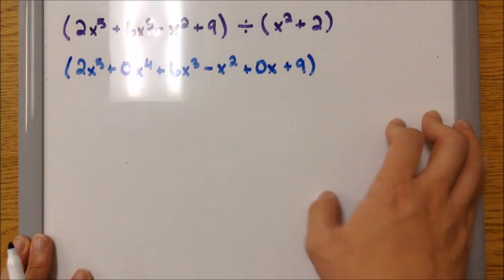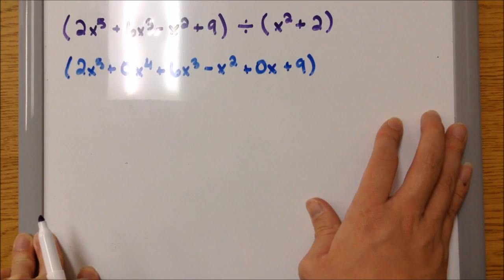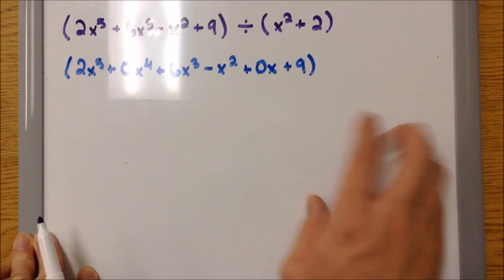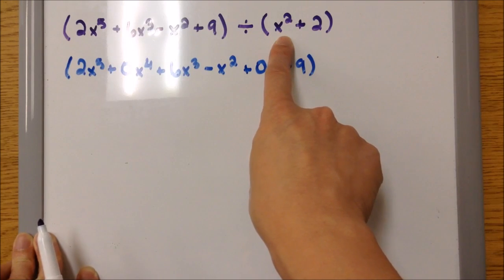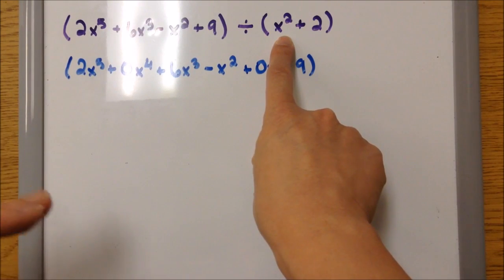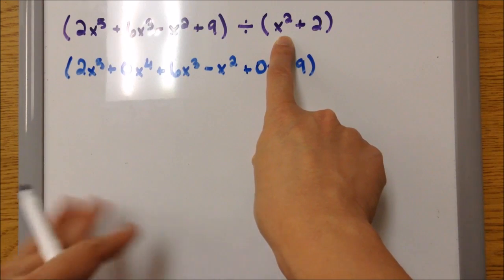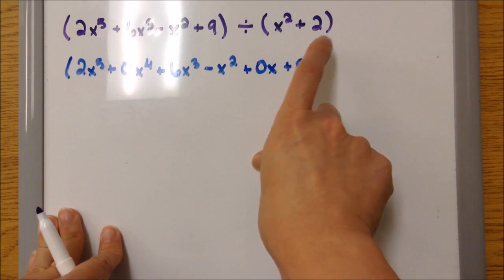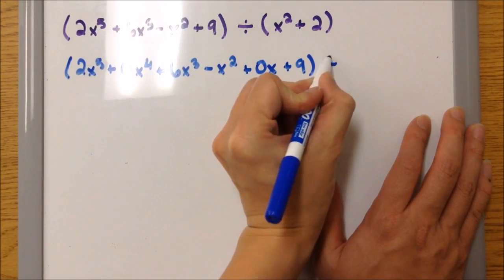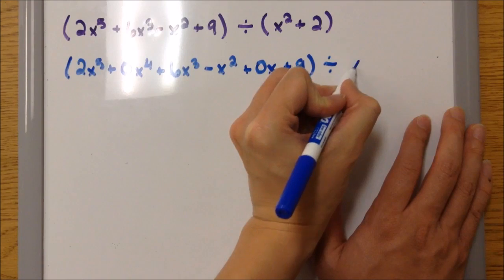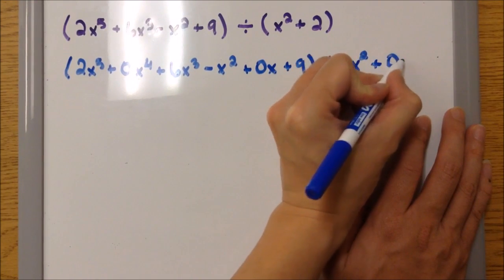Now, let's take a look at your divisor. We also have to check if there are any missing terms in our divisor. Our highest exponent in our divisor is 2. If I count down by 1, what comes after this should be x to the 1 power. I don't see it, so I have to fill that one in also. So I'm going to put x squared first, and then plus 0x.